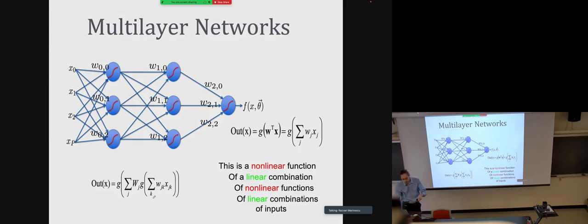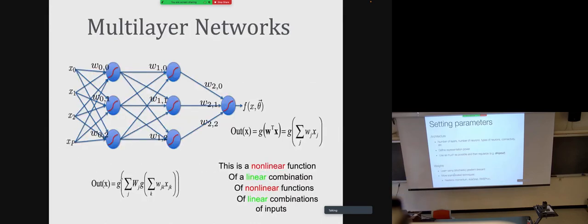This is where the network starts, and the output comes out here. In the parentheses, these x's are the inputs. They get multiplied: a linear combination, nonlinear function G, another linear combination with other weights, nonlinear function G.